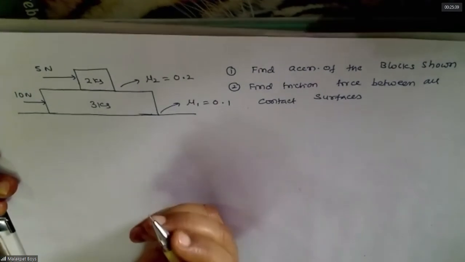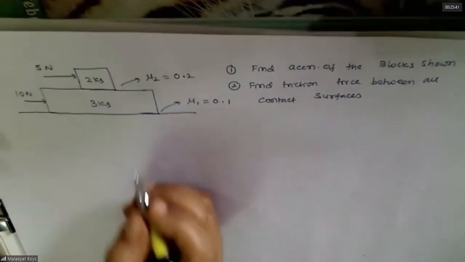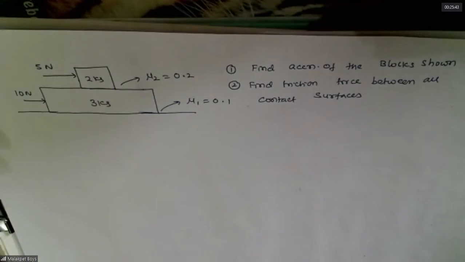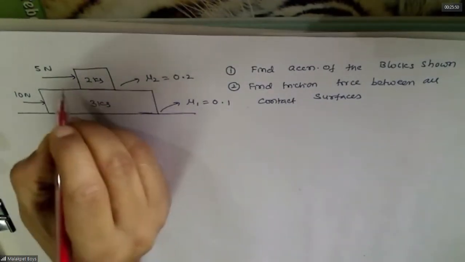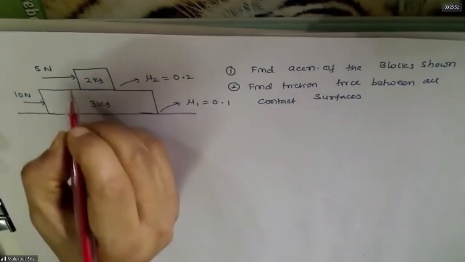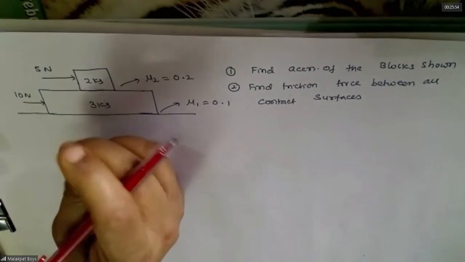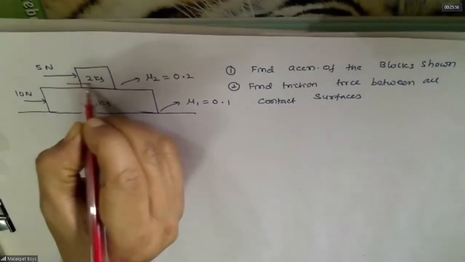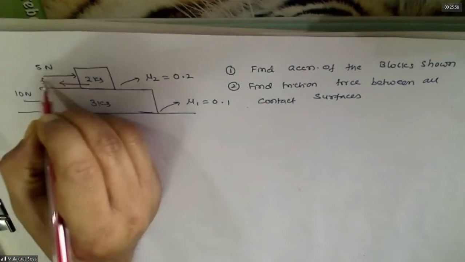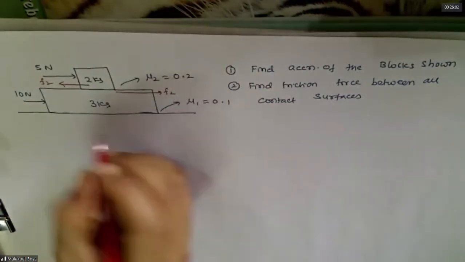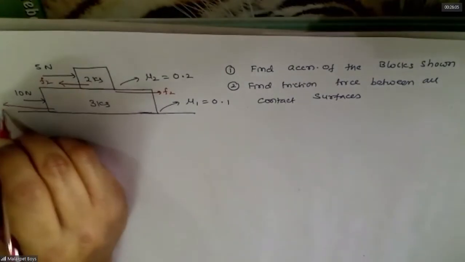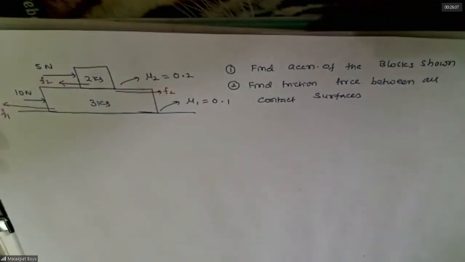So, as you know, this is the friction. So this is the friction on this. So now find out the limiting values.